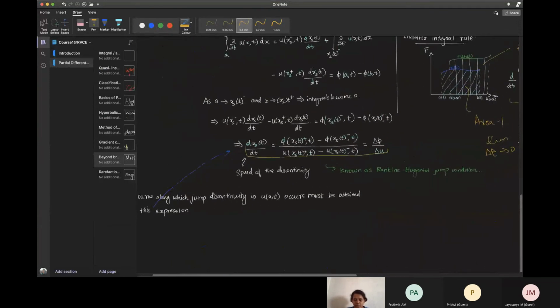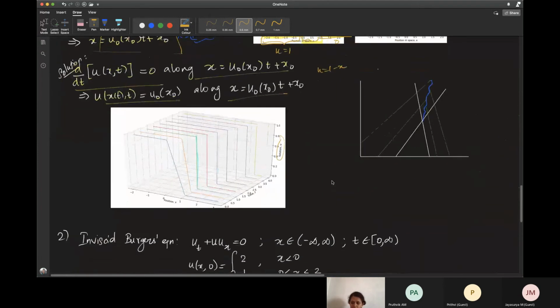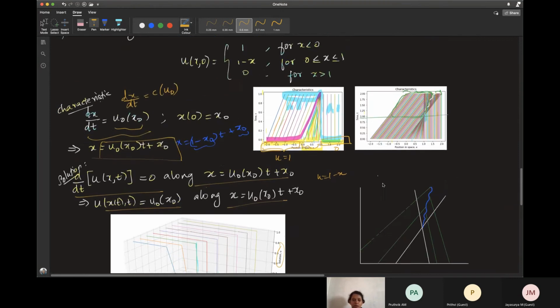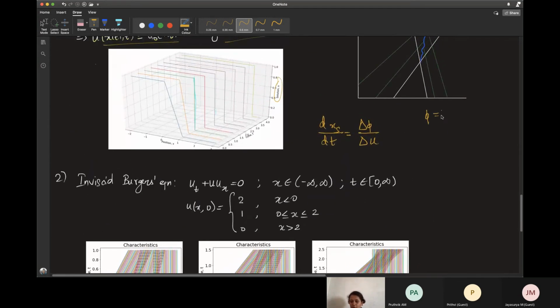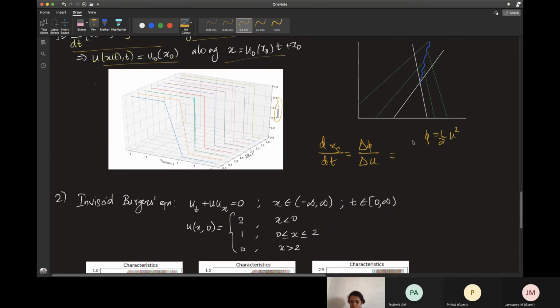Let me evaluate the speed of that discontinuity, which is dxs by dt equals the difference in flux across the shock by the difference in u across the shock. Here our flux is half u squared.